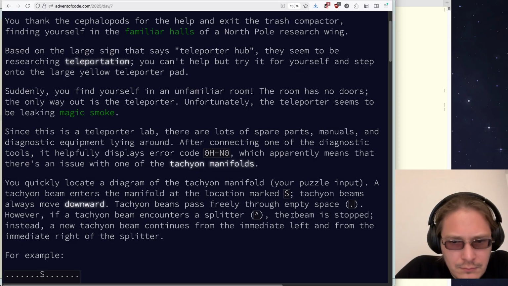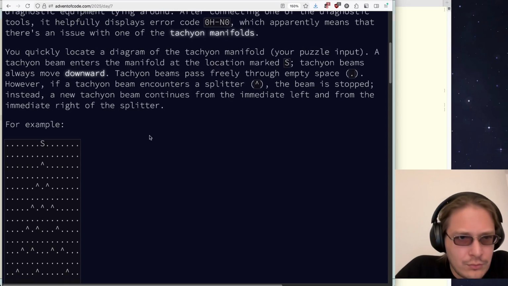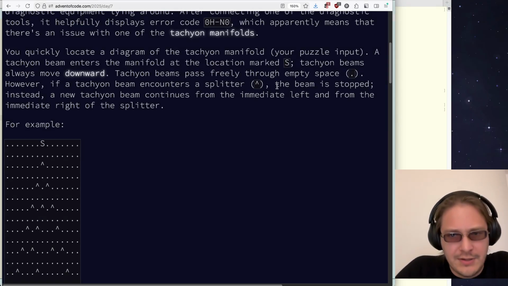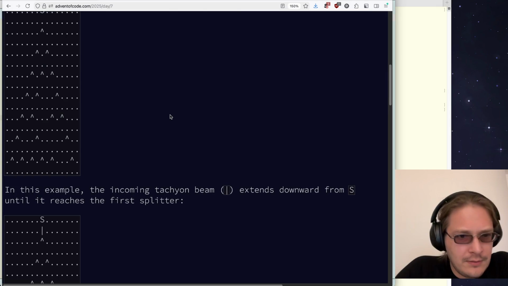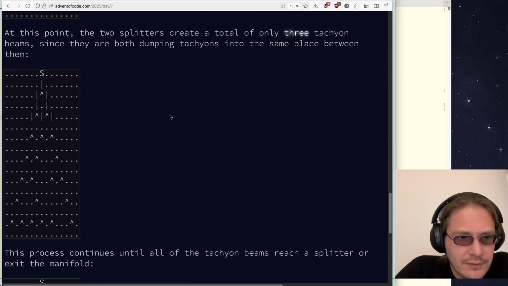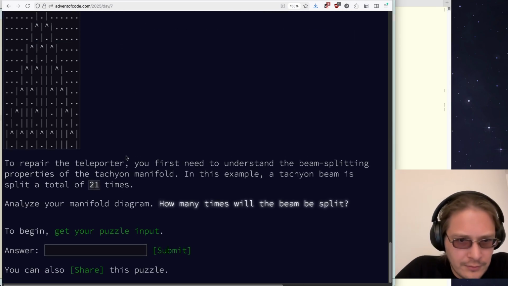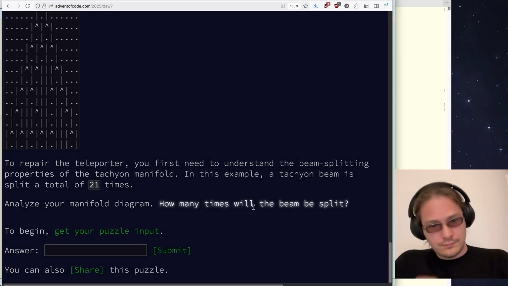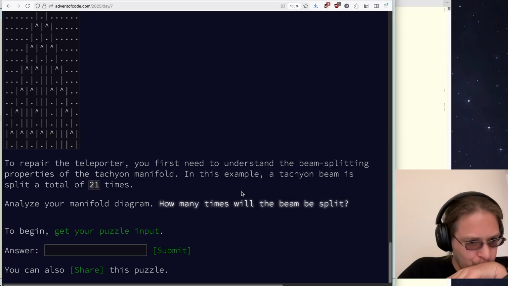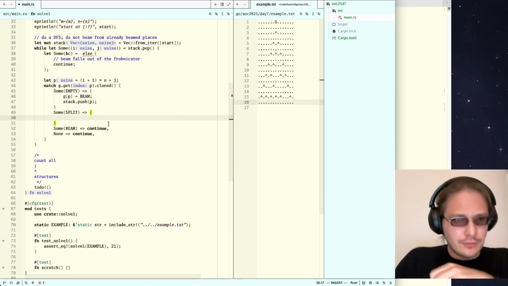So, what if there is no immediate left or right? Does it wrap around? Is it lost? I don't know. Let's assume that it will be lost.